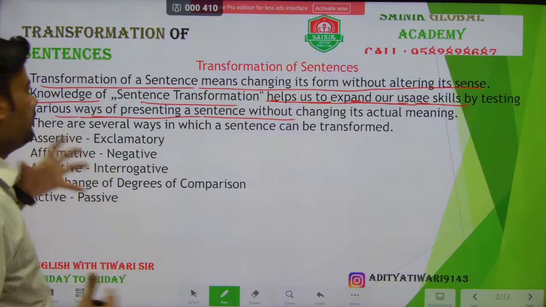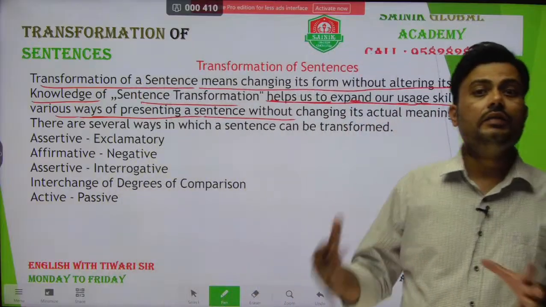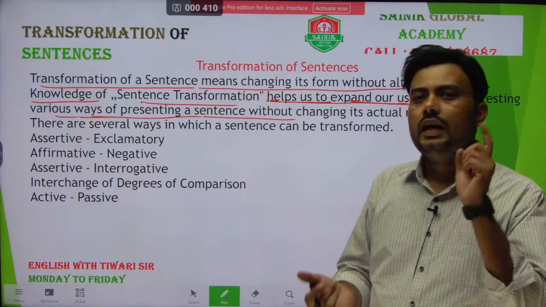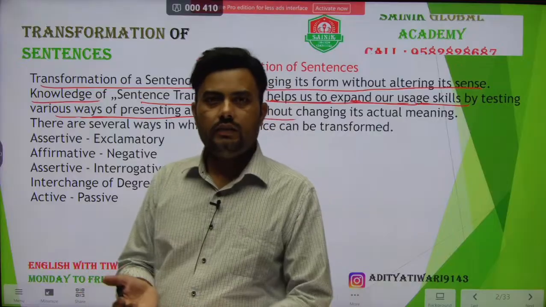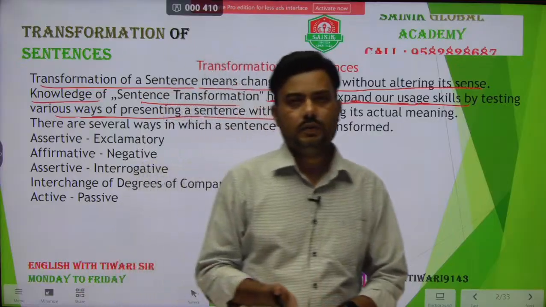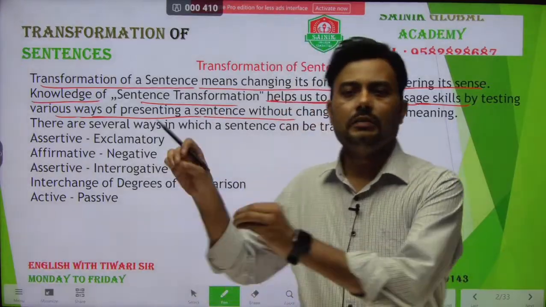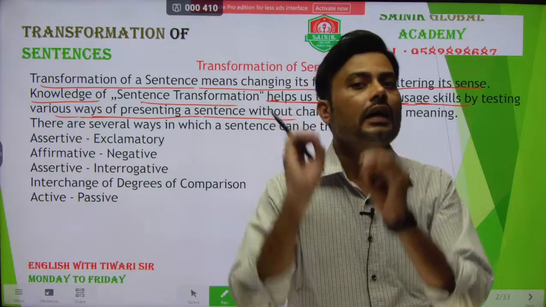Actually, transformation of sentences is all about our creativity, how much we can think. Beta, not everything depends upon grammatical rules. There are some things in English grammar, especially in this chapter, which depend on our concept.